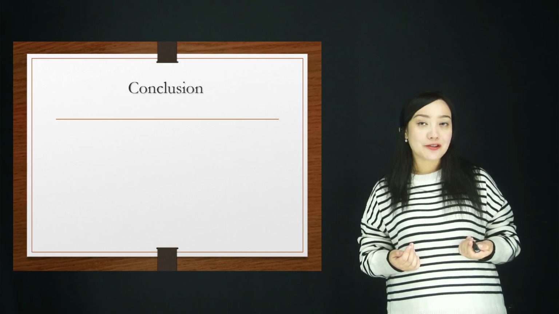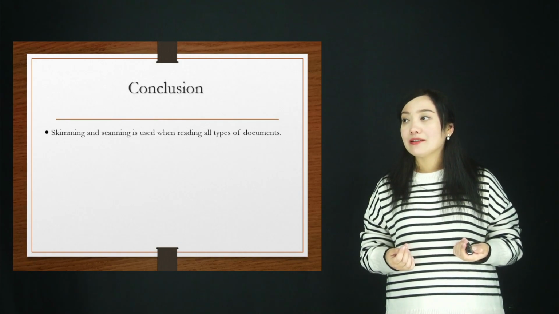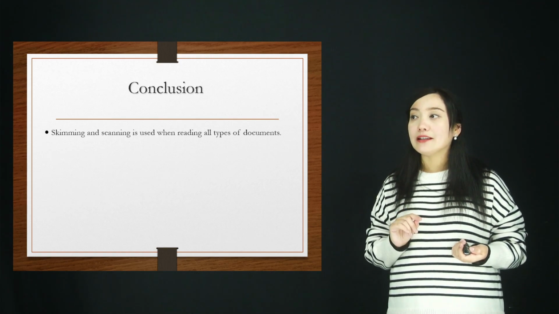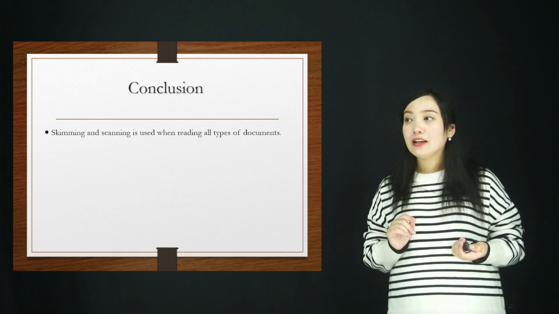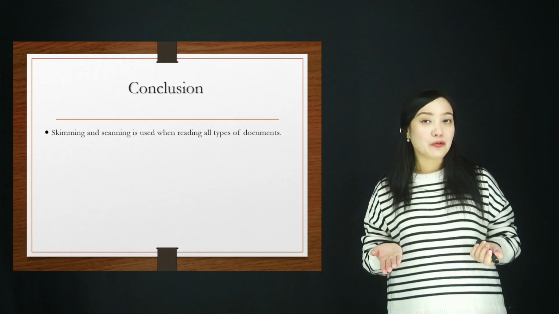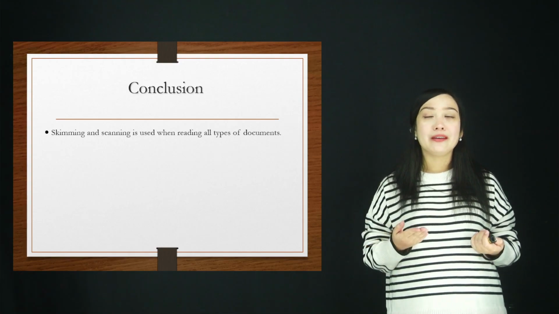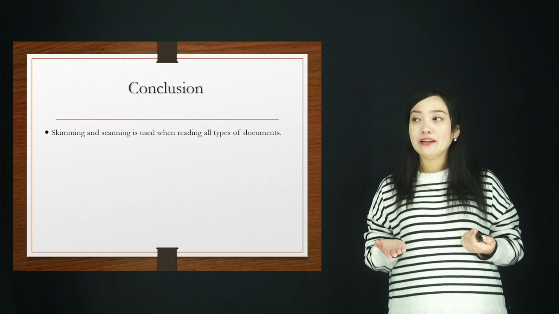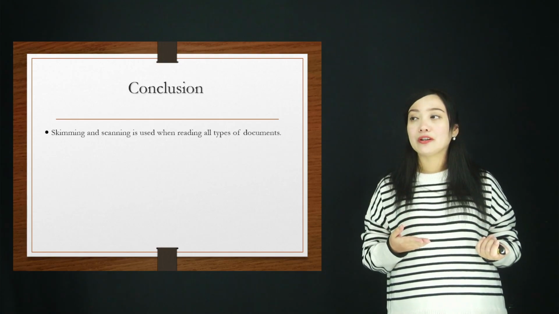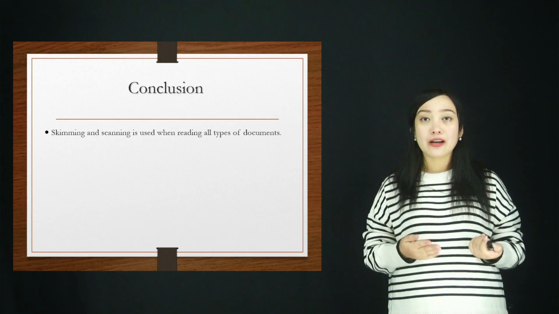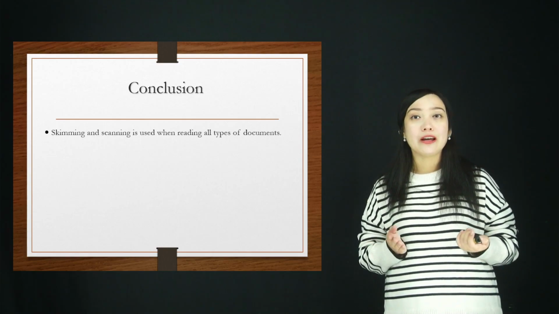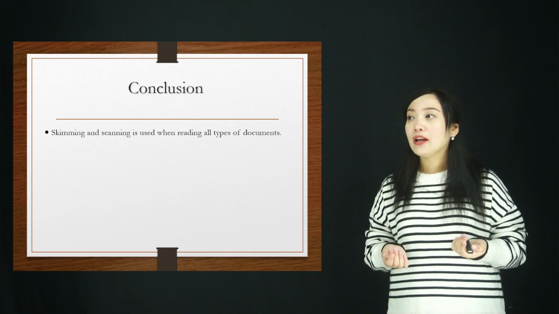In the conclusion section, to conclude, skimming and scanning are used when reading all types of documents, different types of reading text. They can be documentary or other types of texts. You can understand well and find the appropriate answer for any type of question.